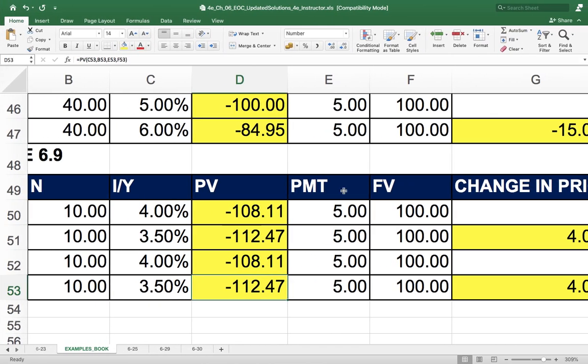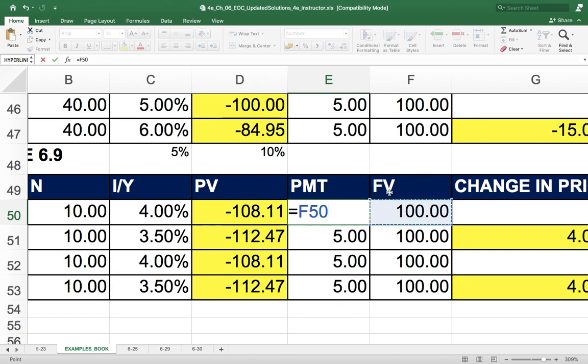Bond A has a 5% coupon, so the coupon for bond A will be equal to the face value multiplied by the coupon rate divided by 2.